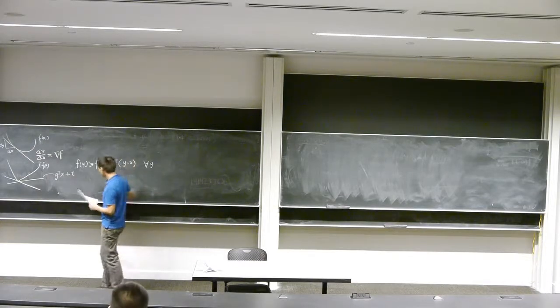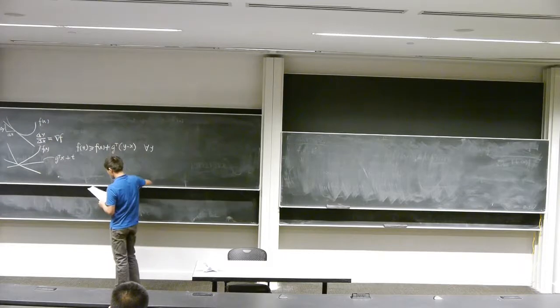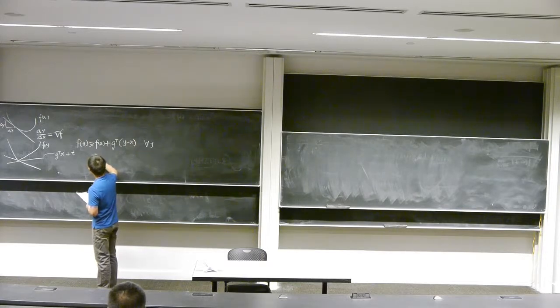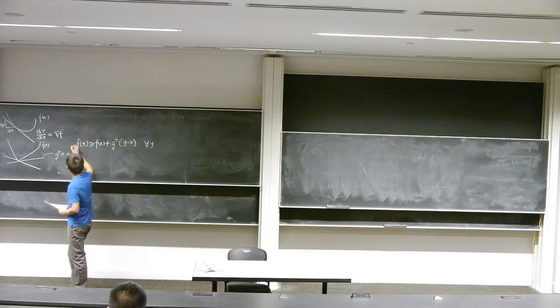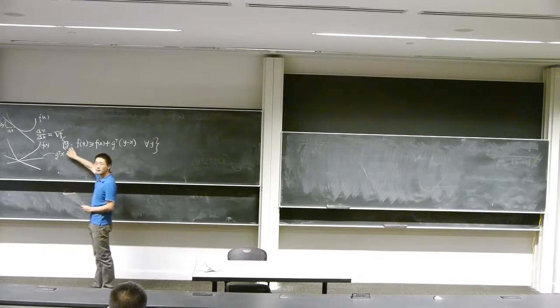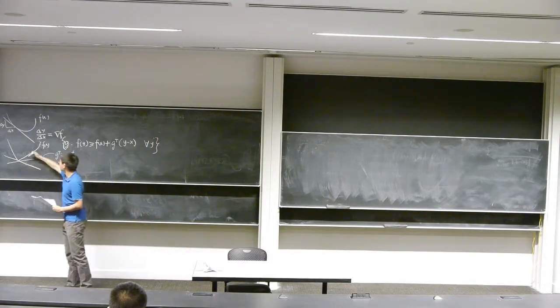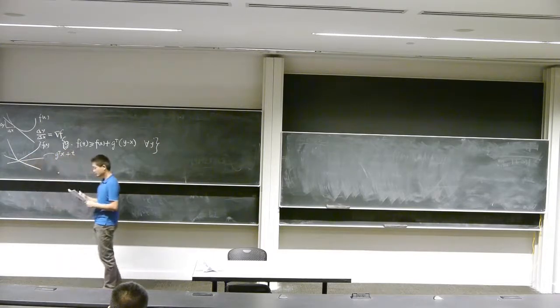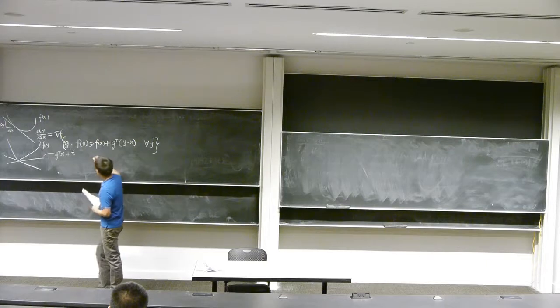Let's see some examples. In class we've seen many examples, but I just want to briefly recite the most important ones. By the way, to complete the definition, the subgradient is actually a set of all the gradients of these planes. There are three examples I want to talk about.